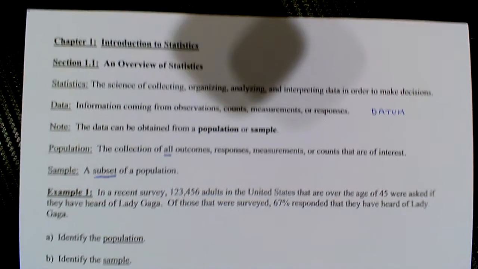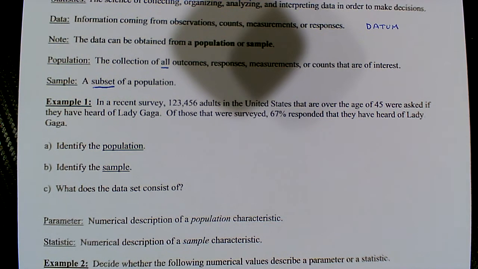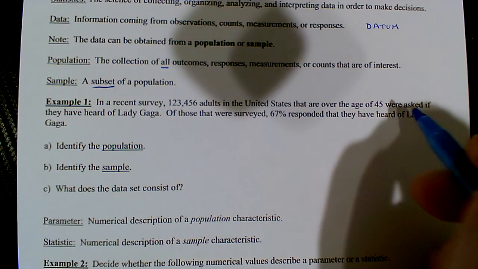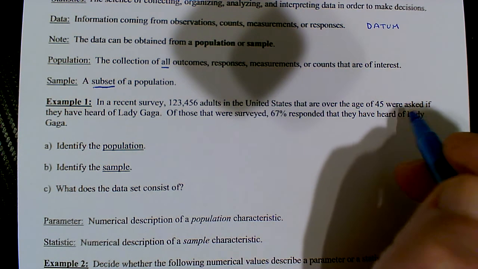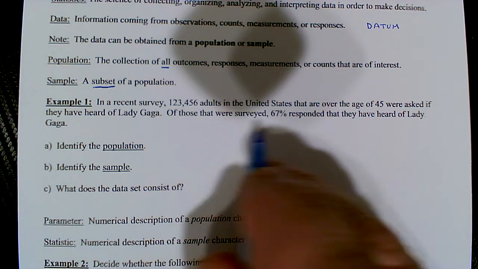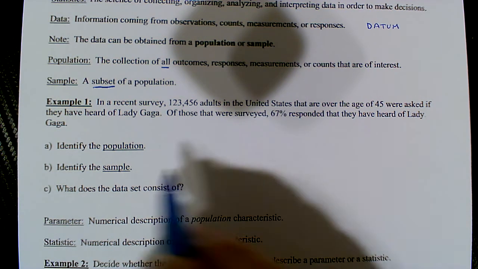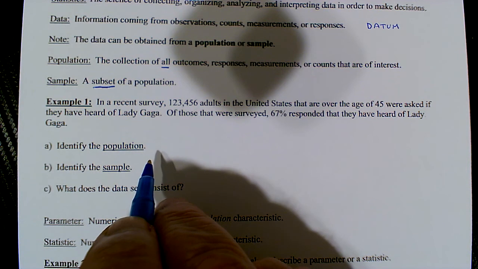So in an example here, we talk about a survey of 123,456 adults, and they were over the age of 45, and asked if they heard of Lady Gaga. And of those surveyed, 67% responded they have. So we want to identify the population.